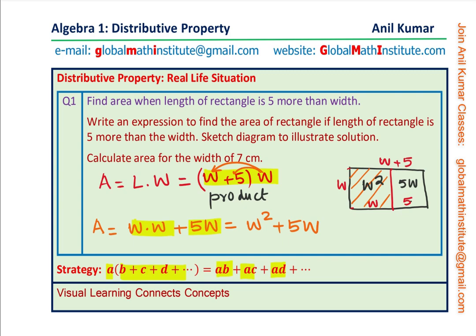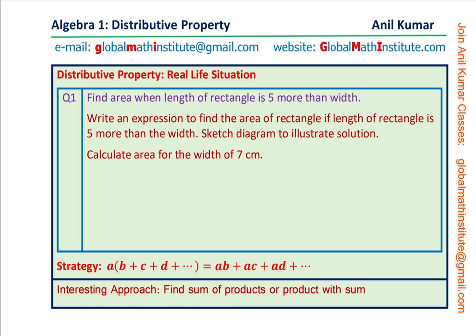And now, many times we have to evaluate, right? Get the area as a number also. So we have the second part of it, which is calculate area for width of 7 centimeters. So basically, we have the same rectangle here, right? This is width and this is width plus 5, right?